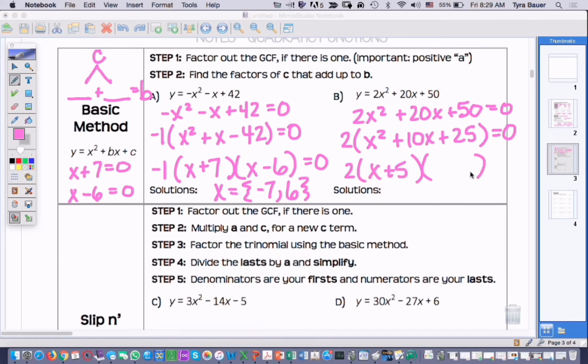What are my two factors? 5 and 5. x plus 5 and x plus 5 equals 0. So what are my solutions? So just negative 5. Okay, that's one of those where it just touches there, right? Because it's only crossing the x-axis once.